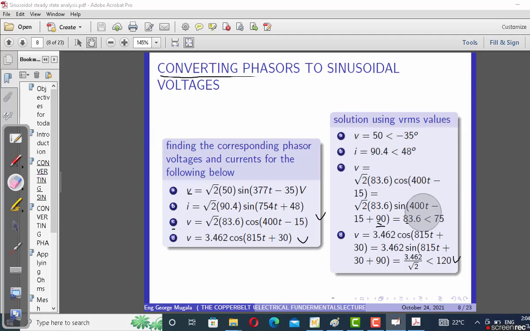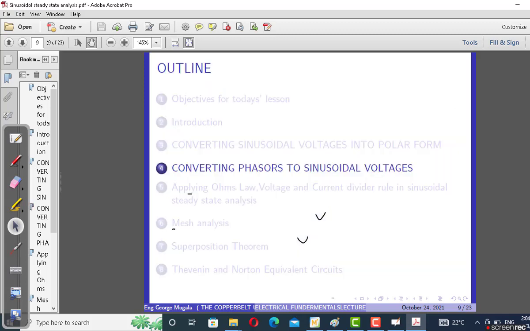So we are using the VRMS values to be the amplitude, or the scalar part, which we shall discuss as we go on as well, because you have this document, that introduction that talks about that. So now we can also convert the phasor to sinusoidal.